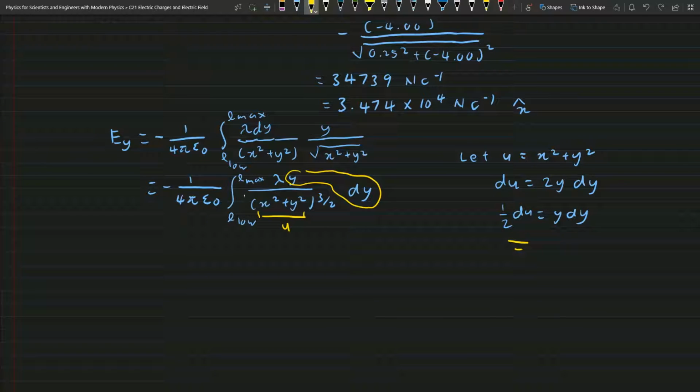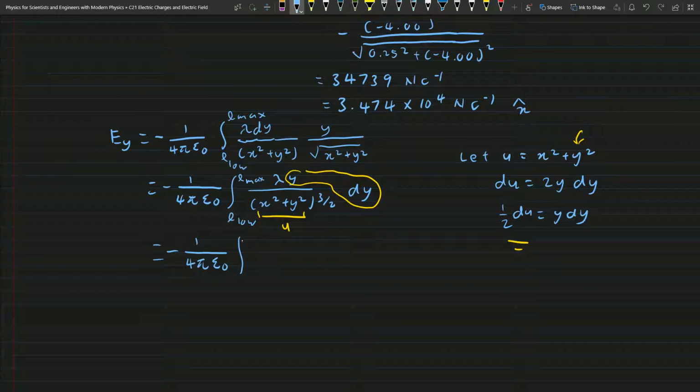Now, how about the limits? You can see u is given by here. We just substitute the corresponding L inside the y. So we get x squared plus L max squared, because the y also has a square, and x squared plus L low squared.